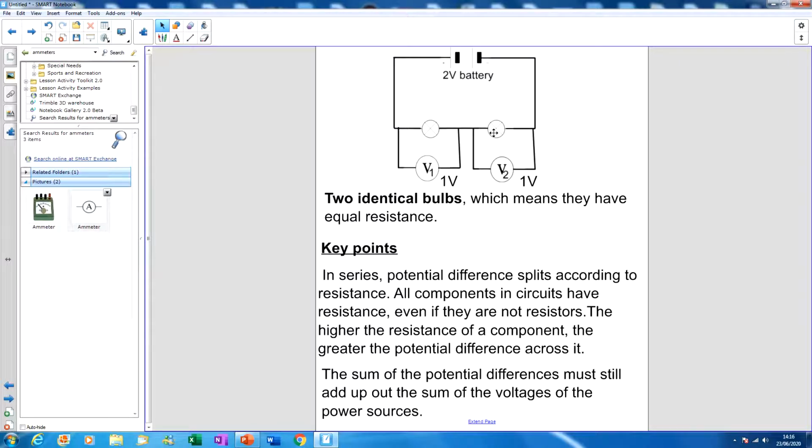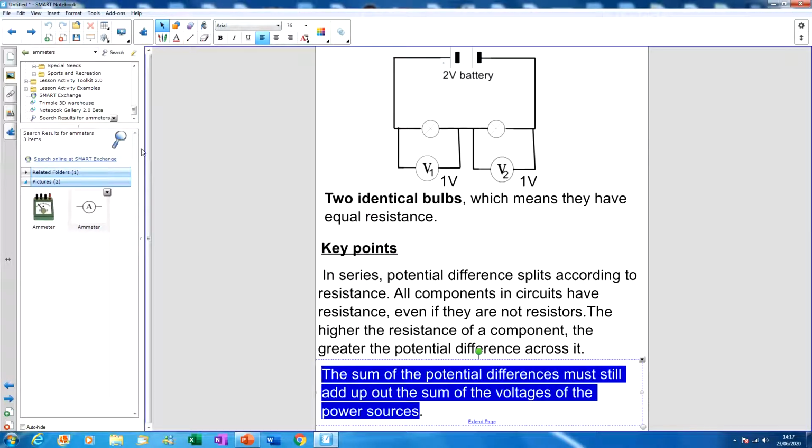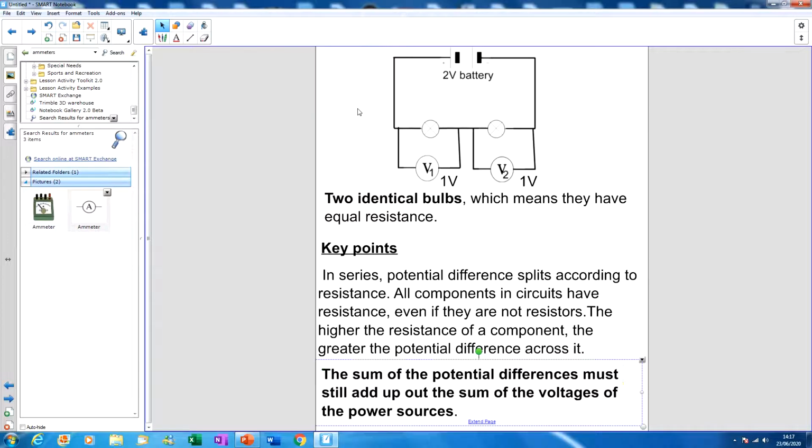And we also know that when you add up their potential differences, you must get 2 volts, because the second rule down here, which I'd like you to write down, is the sum of the potential differences has to equal the sum of the voltages of the power source. We've only got 1 power source here, it's 2. So we know that V1 and V2 have to add up to 2.